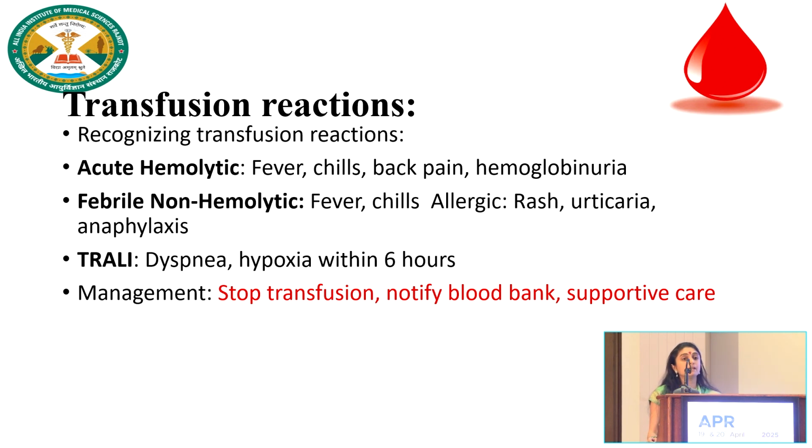Febrile, when I say, is when the pre-transfusion temperature of your patient is raised by 1 degree during the transfusion; we call it a febrile non-hemolytic type of transfusion reaction. TRALI, we all have heard about, that is transfusion related acute lung injury. Of course, the first and primary management is to stop the transfusion, notify the blood bank and give supportive care.